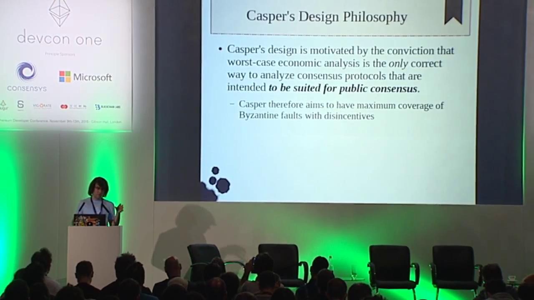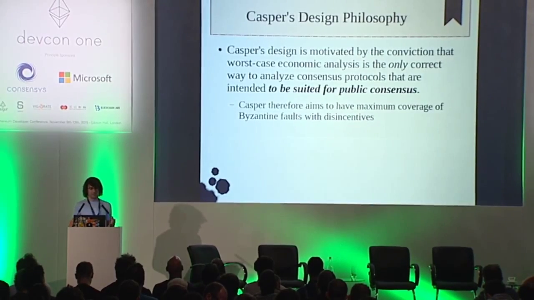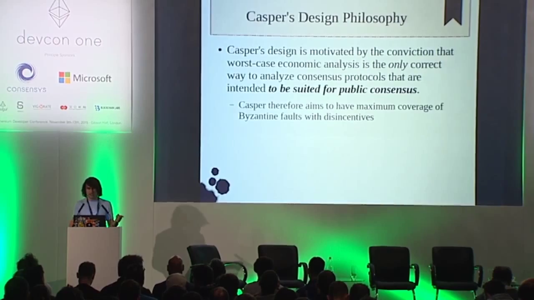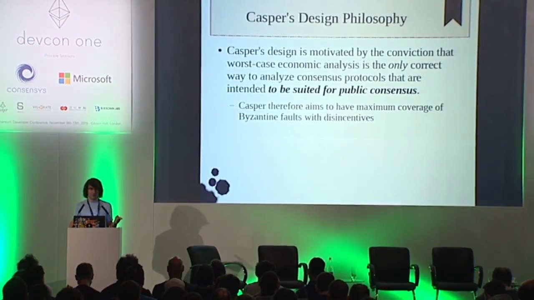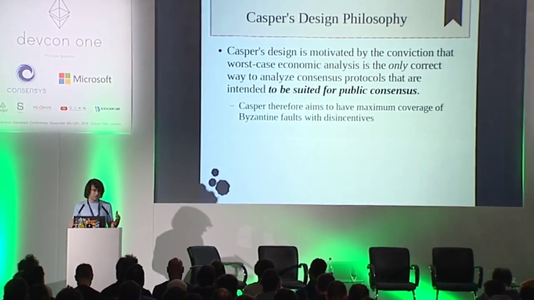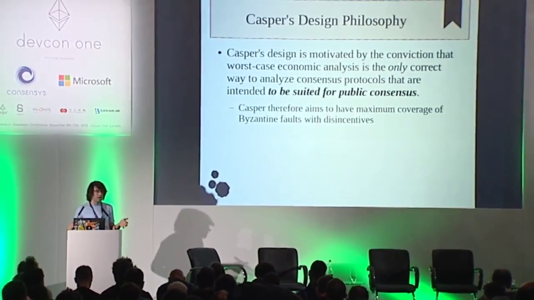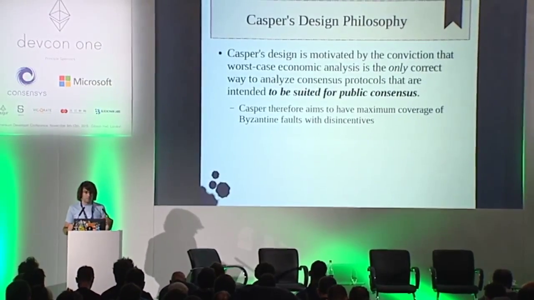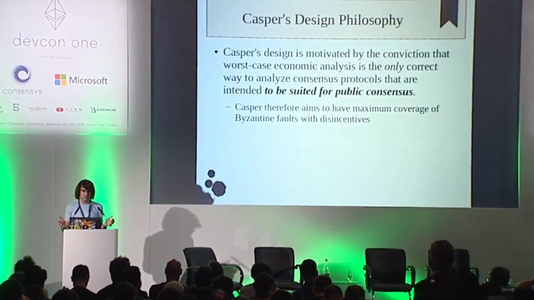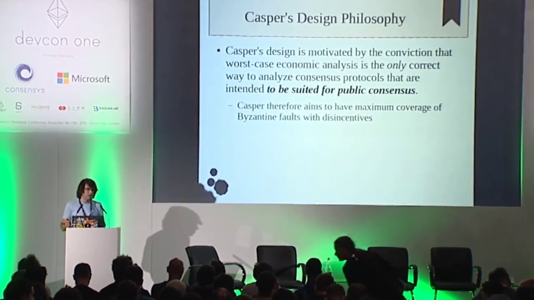So the first design principle is that it should be suited for public consensus, which is basically to say suited for the kind of analysis that I shared in my talk earlier this morning. Basically, Casper should work in a context where a majority of nodes are rational and colluding to undermine the protocol. They're rational and they're willing to collude in large majorities in order to undermine protocol guarantees, so as long as that's profitable.